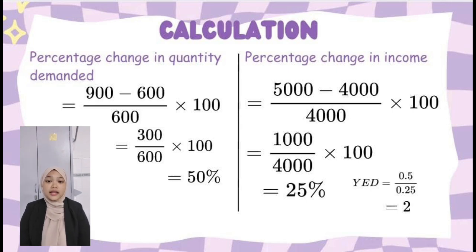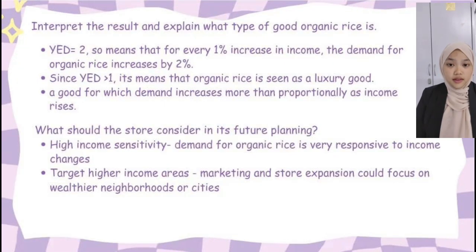Okay, so the last step is we need to put both answers into the formula for income elasticity of demand. So 0.5 divided by 0.25, and then we got 2.